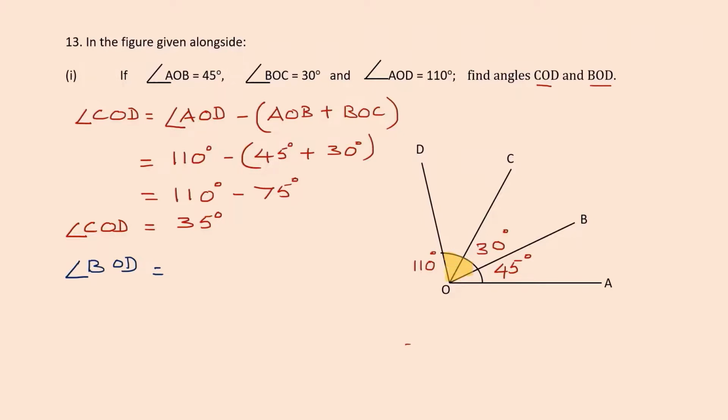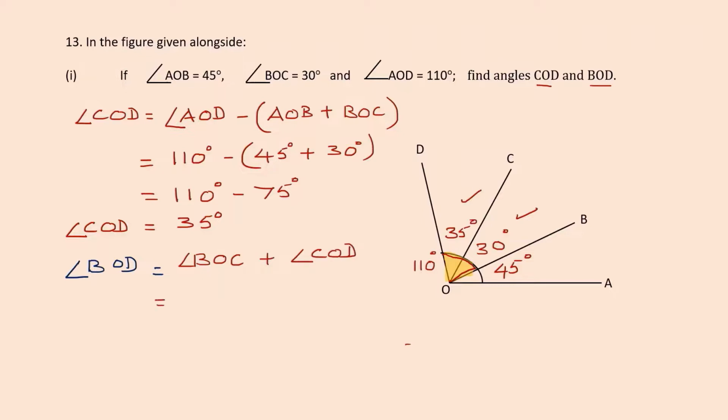Okay. Now we just found out COD to be 35. Now to find this angle, this much, we just need to add up these two. So let's add up angle BOC and angle COD.